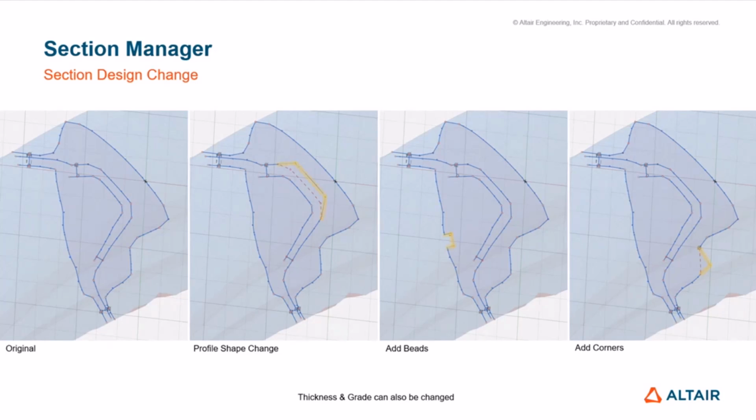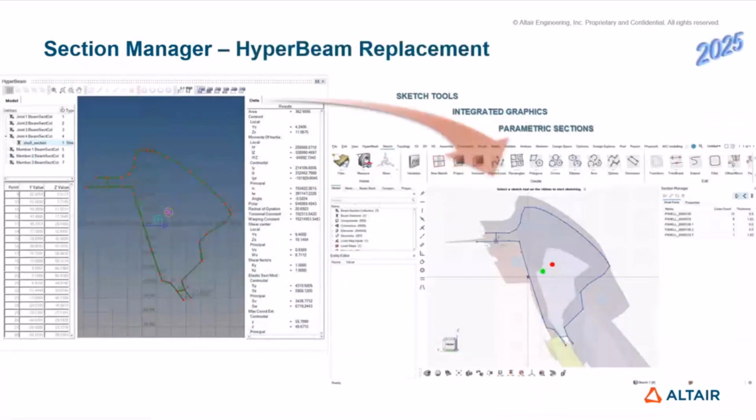First of all, you can of course change some lines, so profile some of the parts a little bit better, or add beads or corners. All of this is possible, especially if you have a good way of managing those lines. And we thought that the Sketcher is the best technology that we can provide for that.